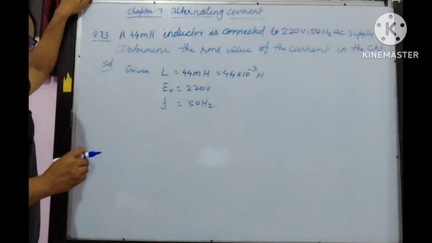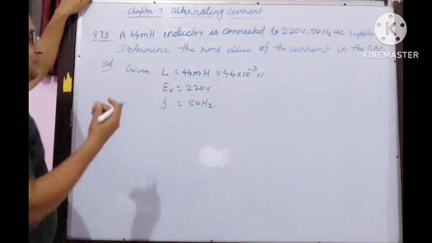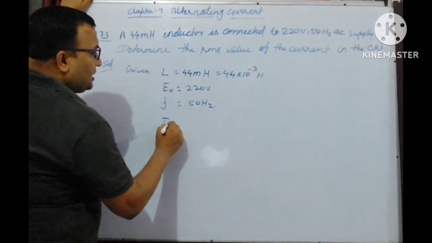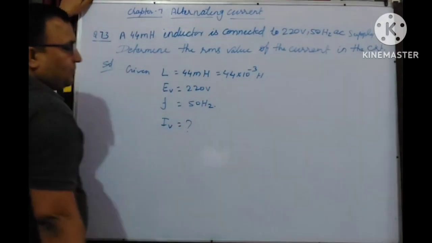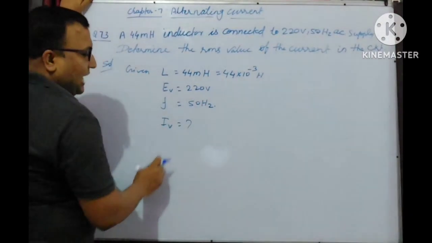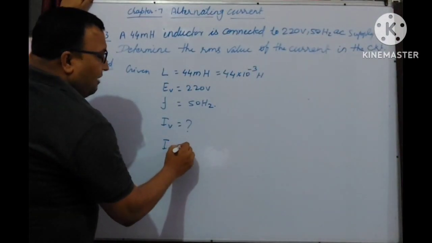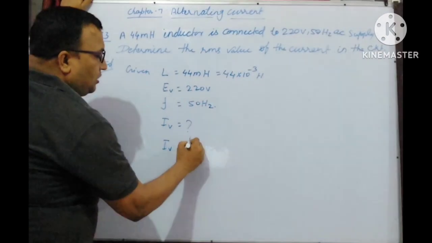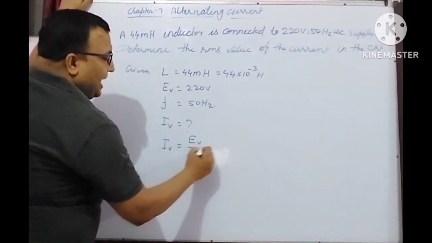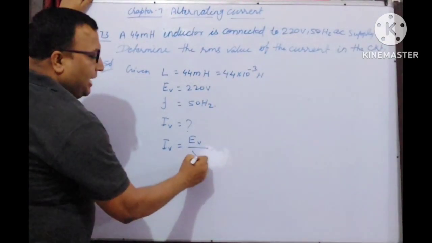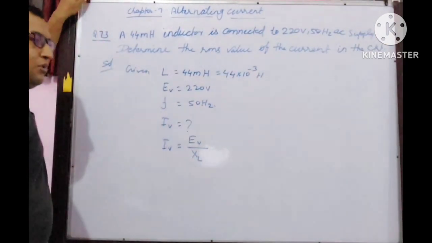So these are the information is given and asking very simple question that what is the value of IV. So how we are going to calculate IV? We know that IV equal to what? IV equal to EV by XL. You know what is the XL?